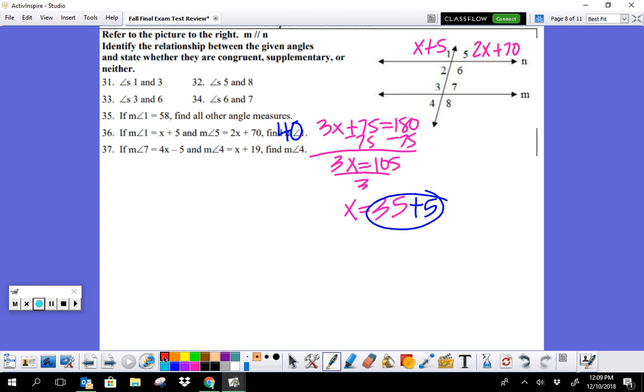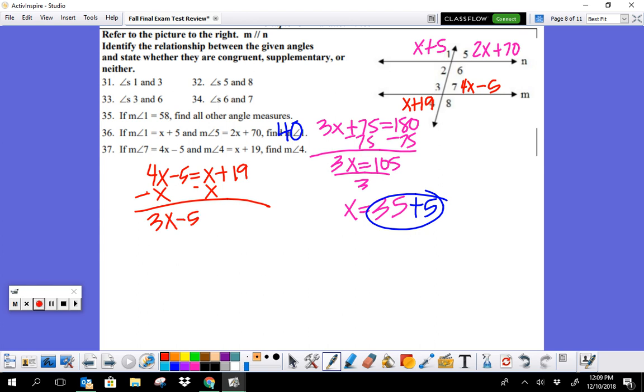Number 37, if the measure of angle 7 is 4x minus 5, and the measure of angle 4 is x plus 19, find the measure of angle 4. Those angles are vertical, which means I'm going to set them equal. So I'm going to have 4x minus 5 equals x plus 19. I'm going to subtract the x.